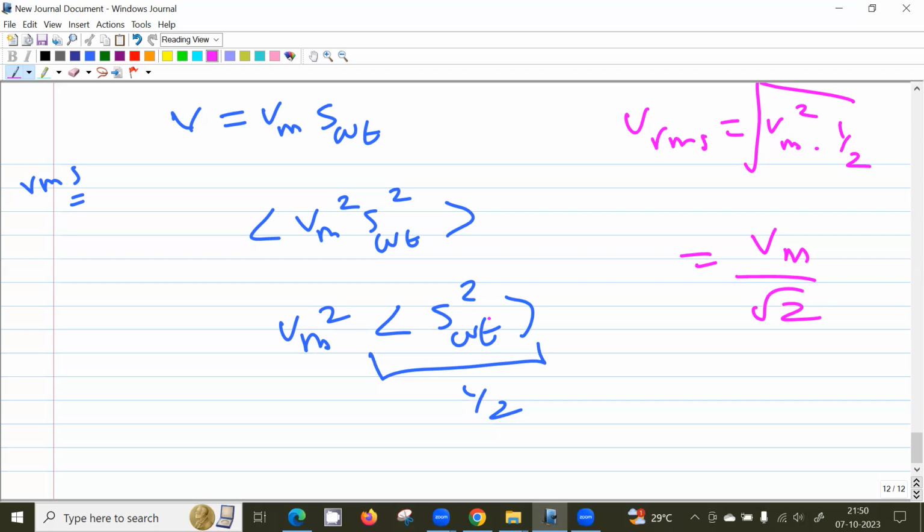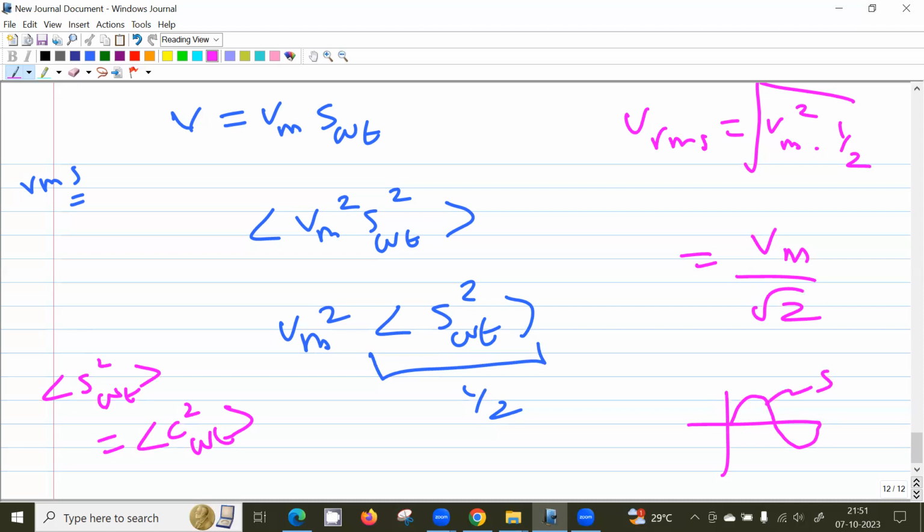This average is a time average. The average of sine square omega t is half. One way of getting this result is that the time average of sine square omega t is the same as the average of cos square omega t, because sine and cos are nothing but the same waveform with a phase difference. So in one period, the sine and cos will look like this.